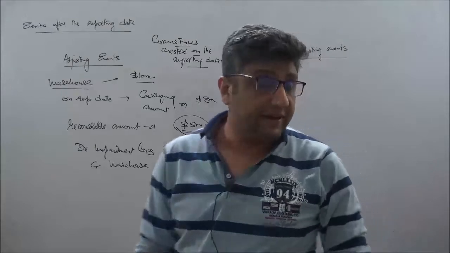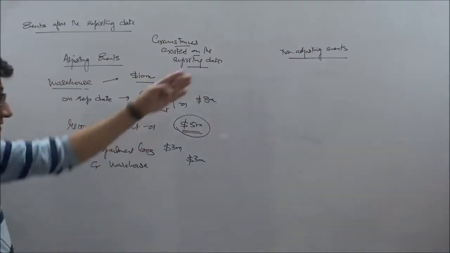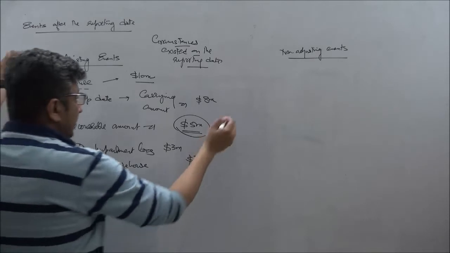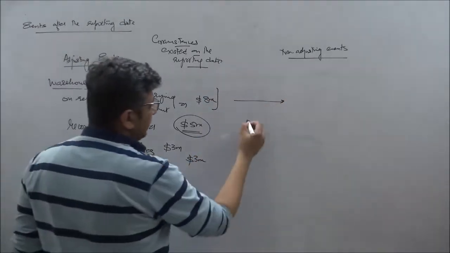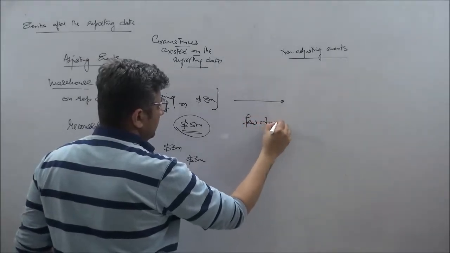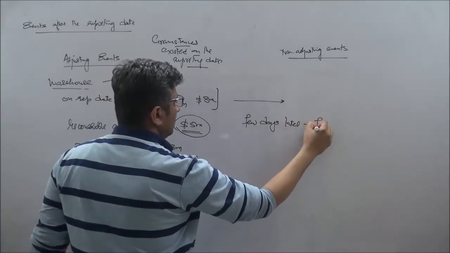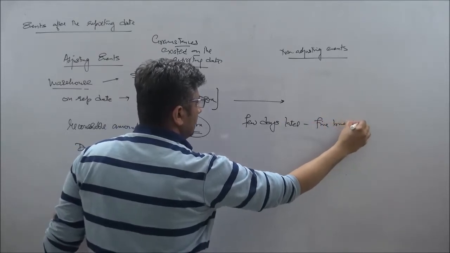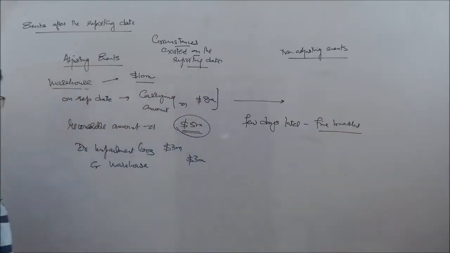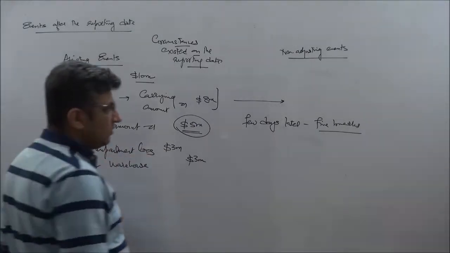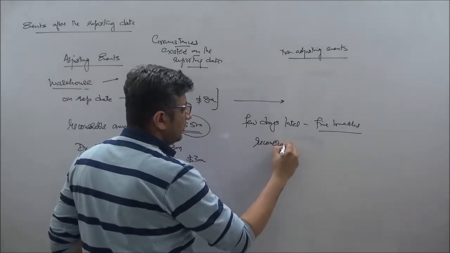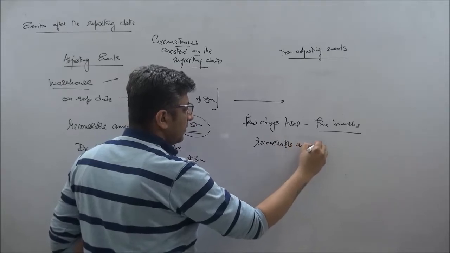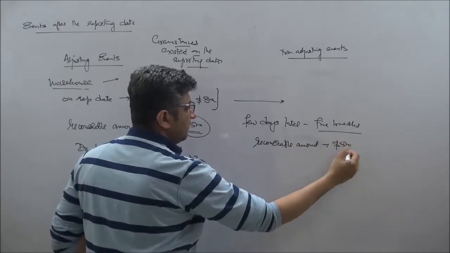On the other hand, if I say that there is something called a non-adjusting event, I'm still carrying it at the same value, which is $8 million, but a few days later, a fire breaks out and really damages the warehouse, and the only recoverable amount is now $5 million.